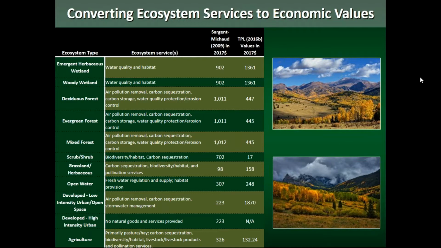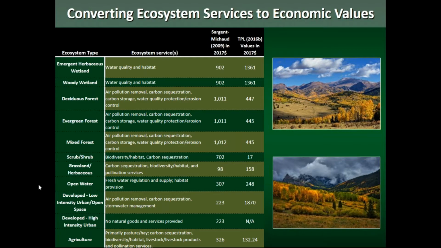As a result, we estimated using both estimates, and then our third scenario was to use only the lowest values between those two studies. So, for example, for herbaceous wetland, we used 1361 for the high end, and then for the overall low, we used 902.